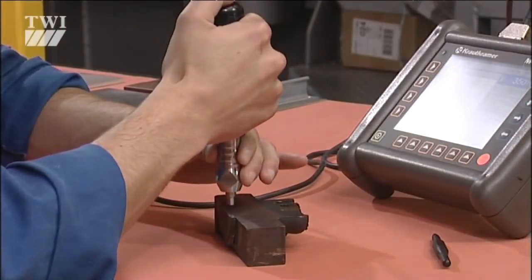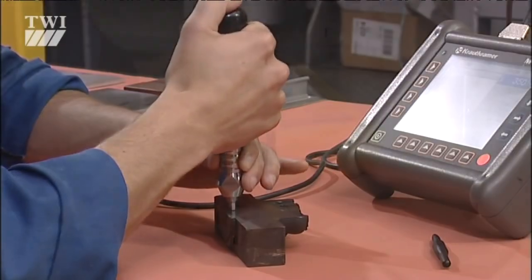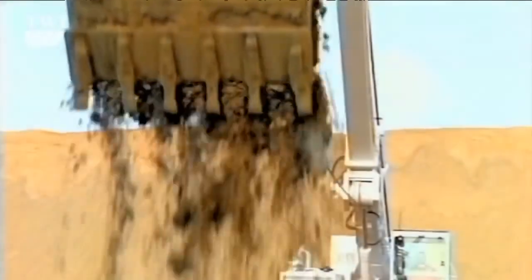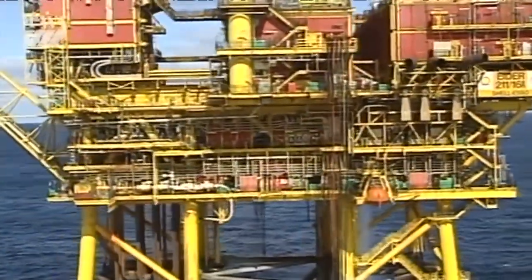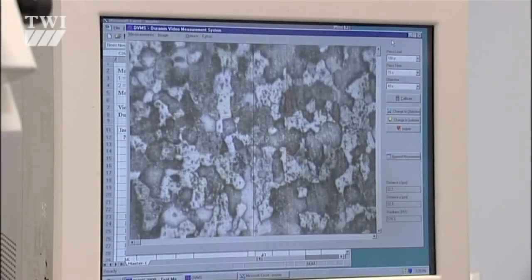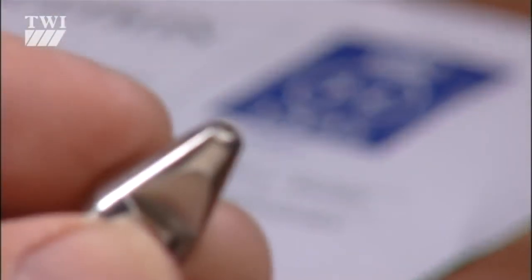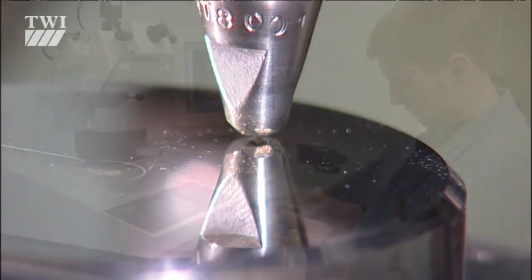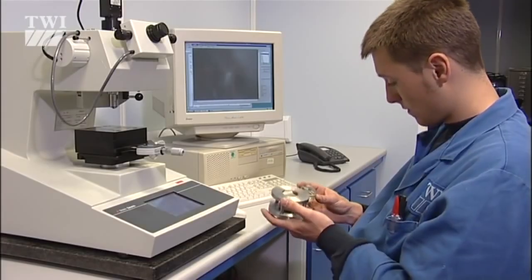Now to specialist hardness testing, for determining hardness in cramped environments, or in-service components too large for the test laboratory, or indeed on very small samples. There are 3 common methods: the Knoop test, the Vickers test, and the micro-hardness test.